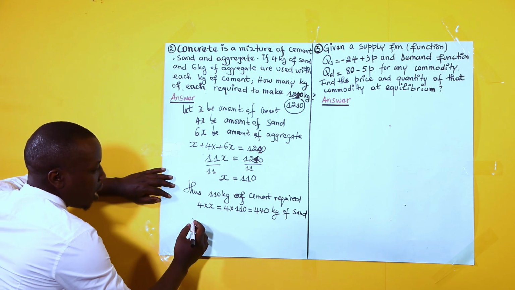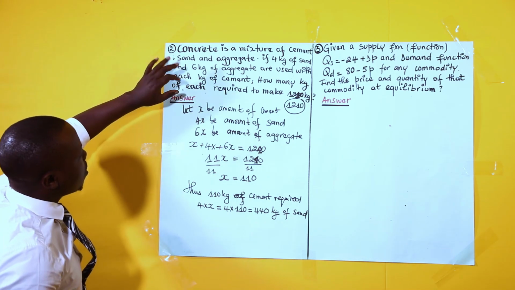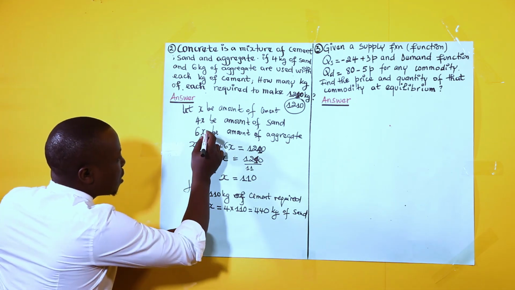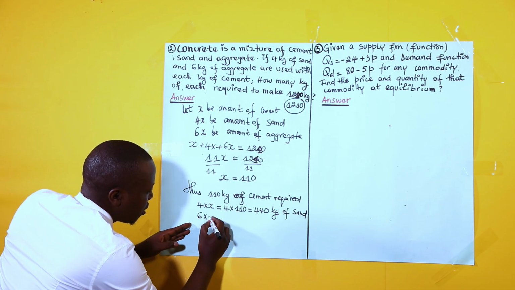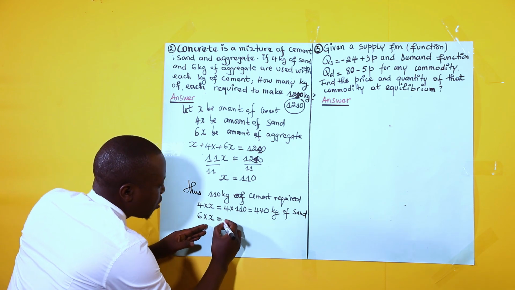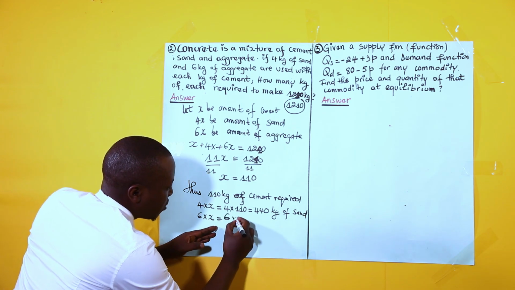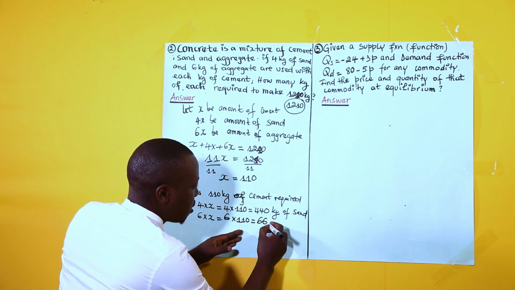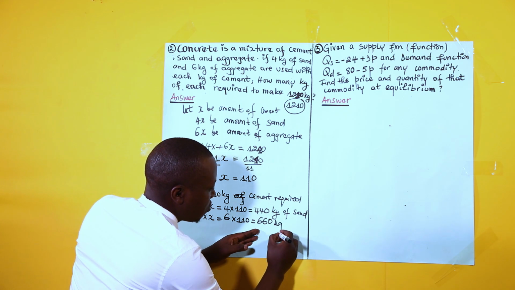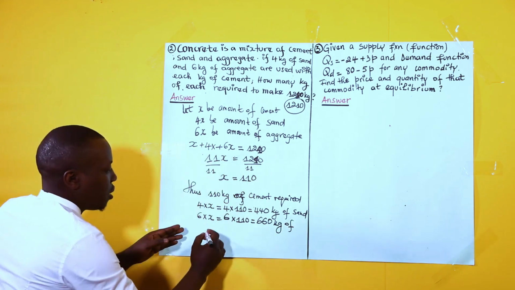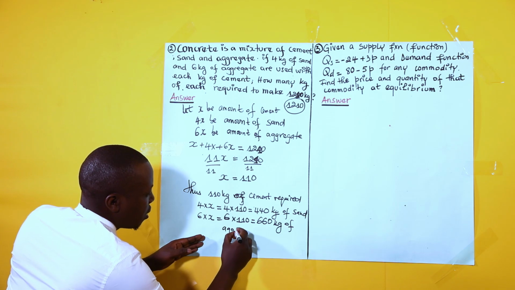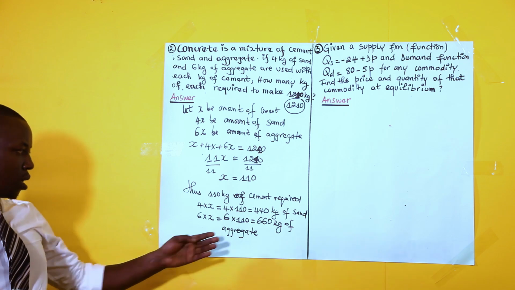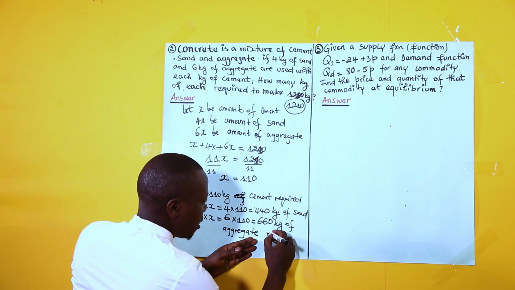Okay, and then we also want to look for the amount of aggregate. How many kilograms? It is 6 times x, which is equal to 6 times 110, and this gives us 660 kilograms of aggregate required.